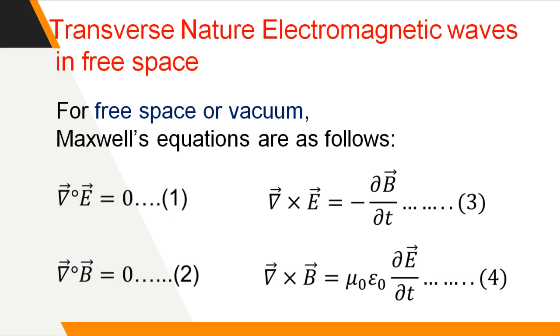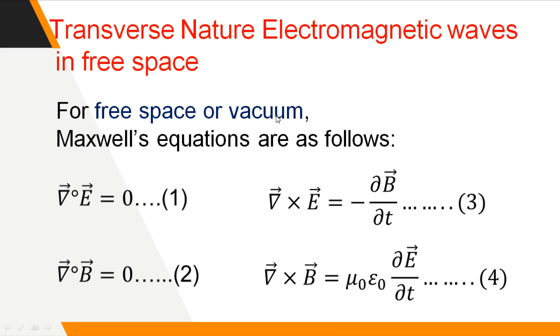We use these ideas, and then we confirm that electromagnetic waves are transverse in nature. This is the initial background you needed when discussing the transverse nature. Just go through this.